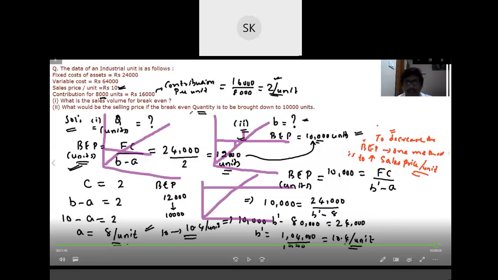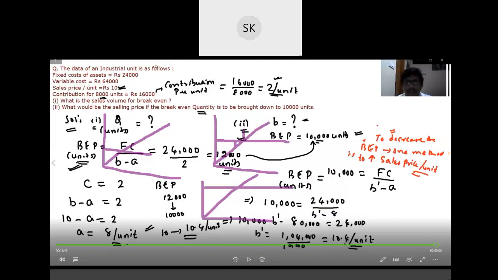So to get a profit of 10,000 rupees, how many products we need to produce? We know that the total sales or total revenue is equal to fixed cost plus variable cost plus profit. For 1 unit, the revenue obtained is 10.5 rupees.